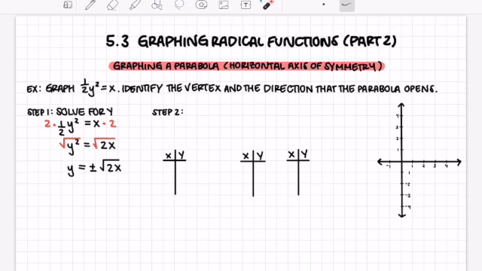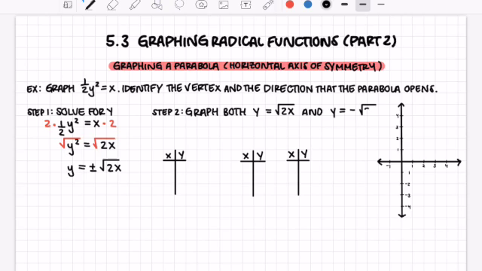Once we figure that out, I want to graph both of those answers: y = positive square root of 2x, and also y = negative square root of 2x.